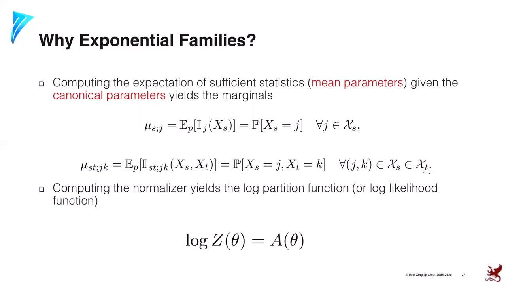If we compute the expectation over the sufficient statistics given the canonical parameters, we can already yield the marginals which we care about. And also, by the way, the sufficient statistics and the canonical parameters are duals, which means that one can be computed from the other.